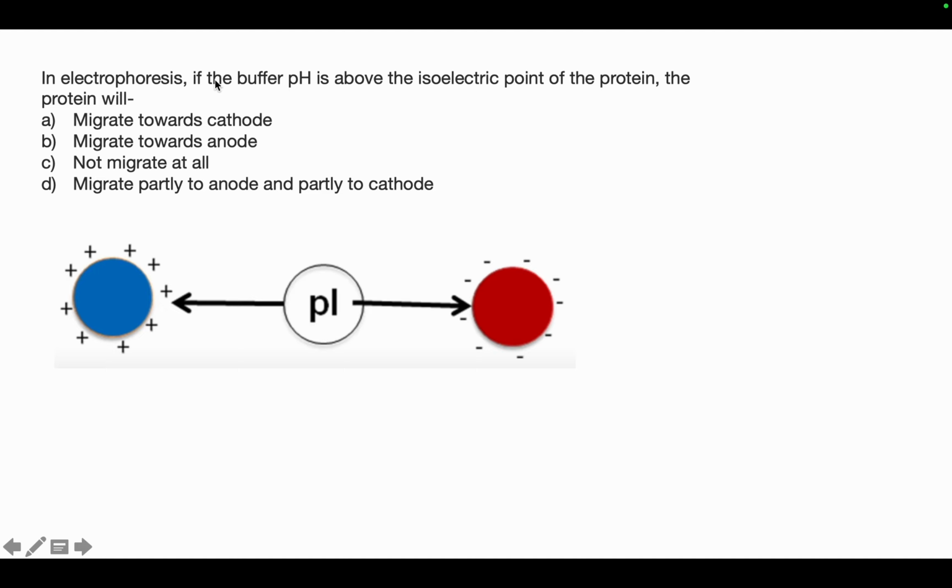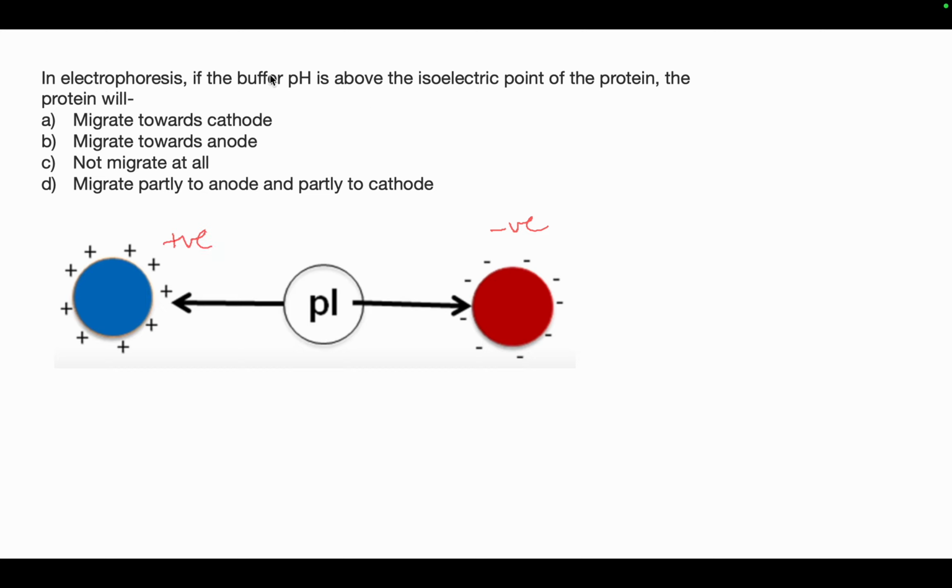In electrophoresis, if the buffer pH is above the isoelectric point, the protein will migrate towards the cathode, migrate towards the anode, not migrate at all, or migrate partly to the anode and partly to the cathode. We should remember that if a protein is above the isoelectric point, it is negatively charged, and below it is positively charged.